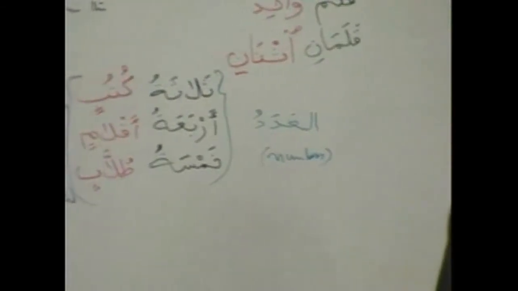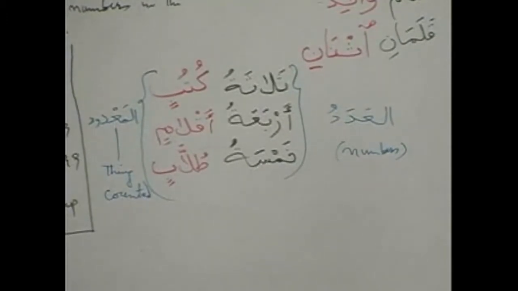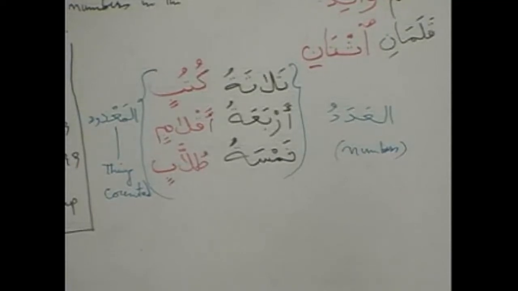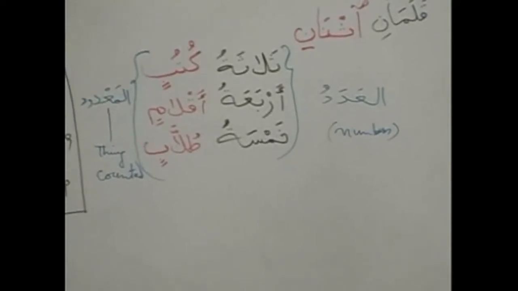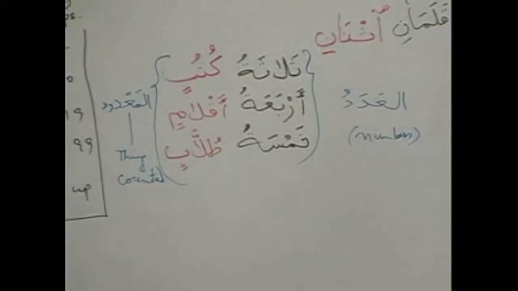Same thing comes here. But if you see the construction of the sentence, we observe that this construction looks very familiar. It looks like it is mudaf and mudaf ilayhi. And that is correct. The construction is mudaf and mudaf ilayhi. Because I can see kasra, which means mudaf ilayhi is majroor. Mudaf ilayhi is always majroor.